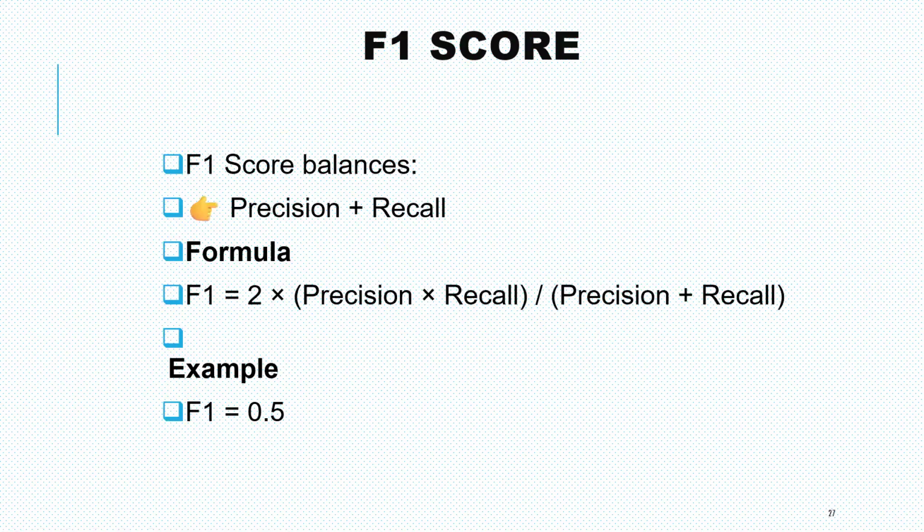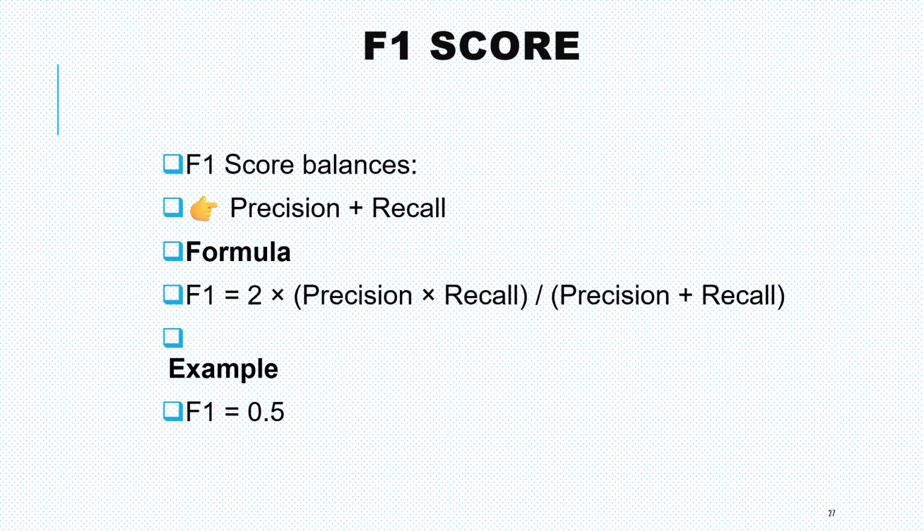The F1 score balances precision with recall. And the formula is 2 multiplied by precision times recall over precision plus recall. I take it again.